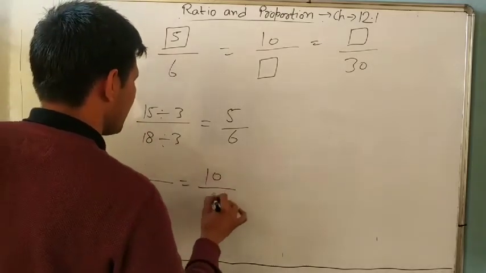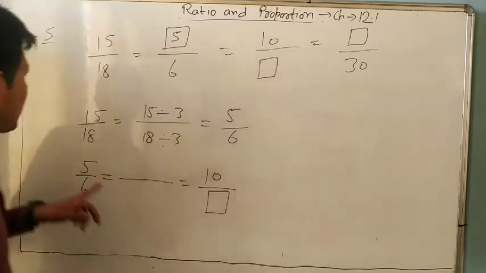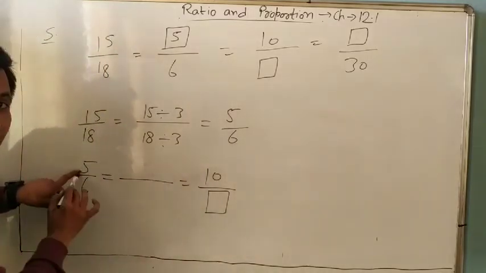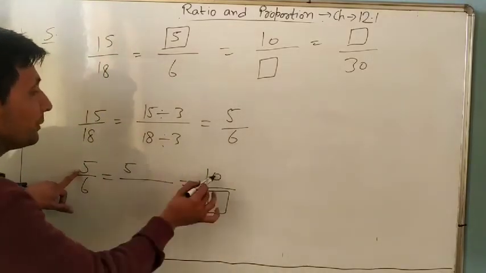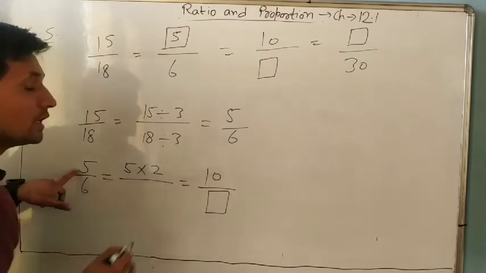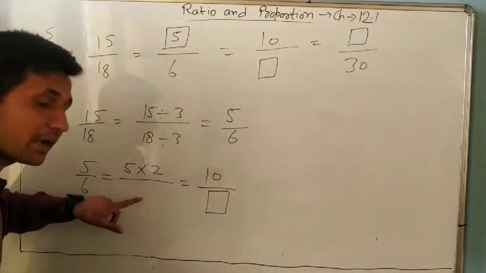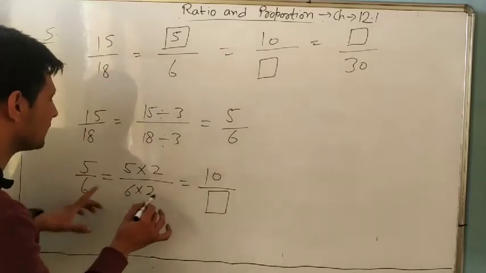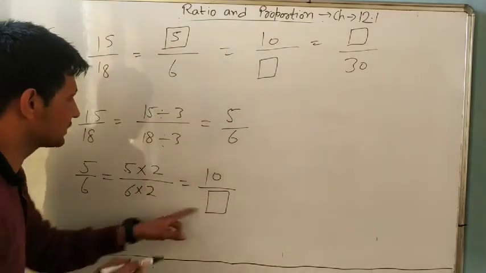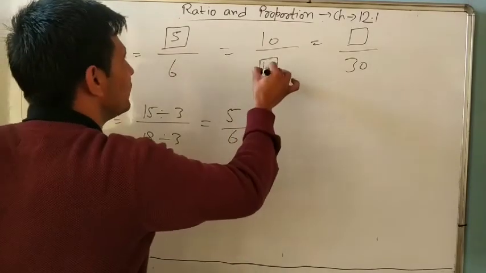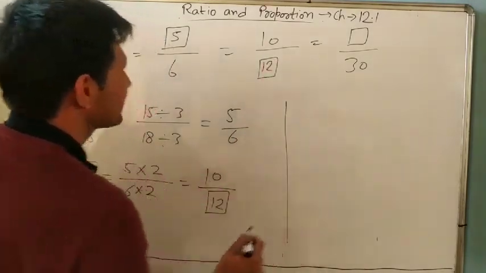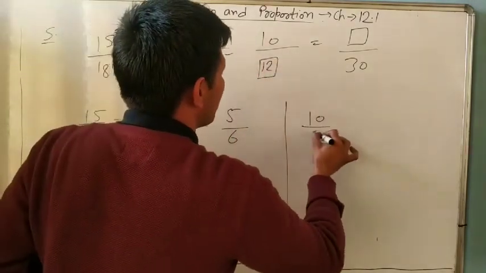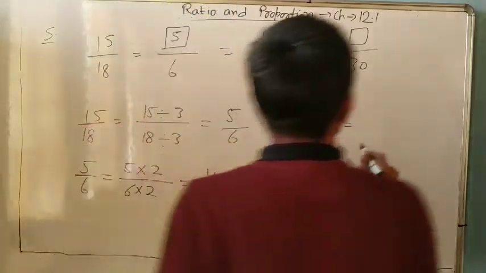We want to fill here. So tell me what number you multiply or divide 5 by to get 10. So 5 into 2, same number, multiply the denominator also, 6 into 2. 5 into 2 is 10, 6 into 2 is 12. So it is 12.